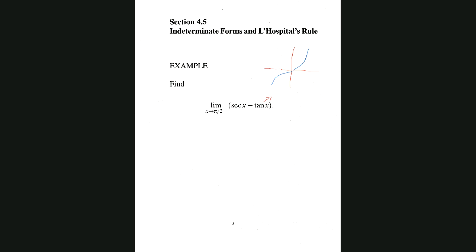It's undefined at pi over 2. I know this isn't the best graph, but I will label things appropriately. That's the origin there. This is y equals the tangent of x. And there's an asymptote there. So the tangent of x is undefined, Tyreek, that's right.